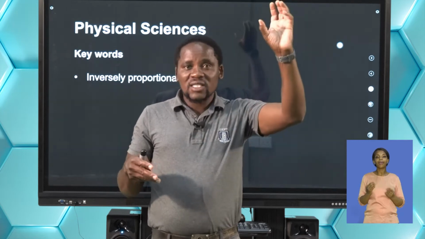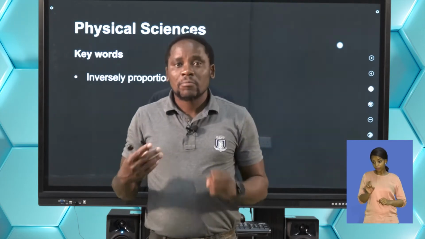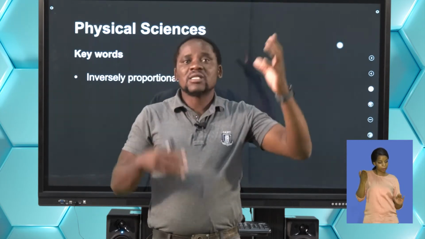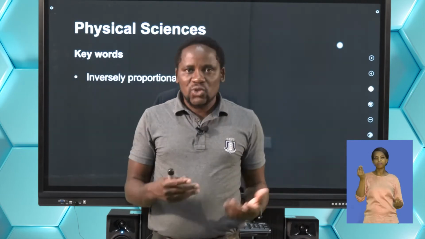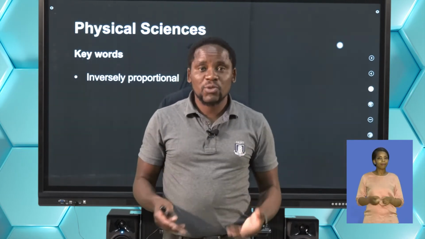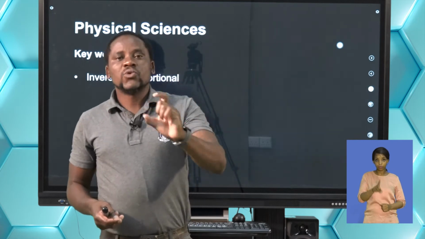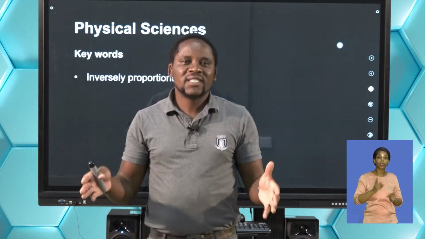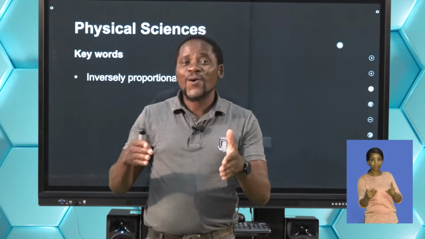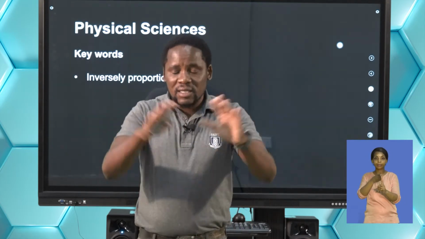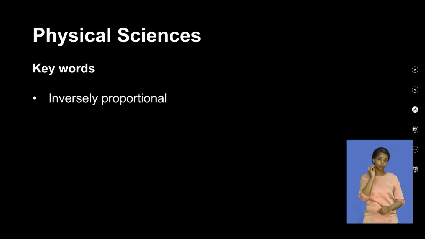If one increases, the other one decreases, but in the same proportion. If the one decreases, the other one increases. So the opposite is true as far as inversely proportional. Take note, we do not talk about mathematically indirect proportion. It's direct or inverse. So let's just get that out of the way. All right, okay, moving along.